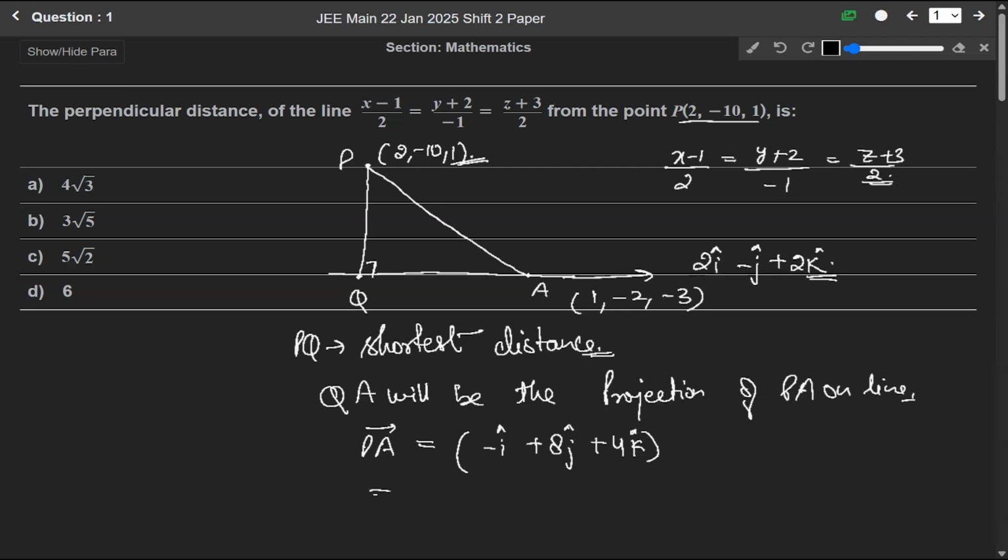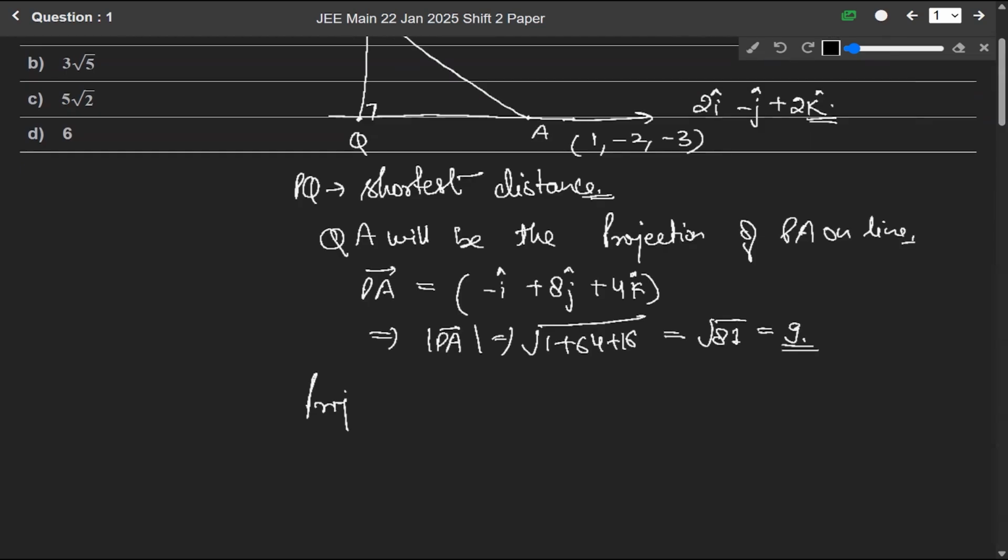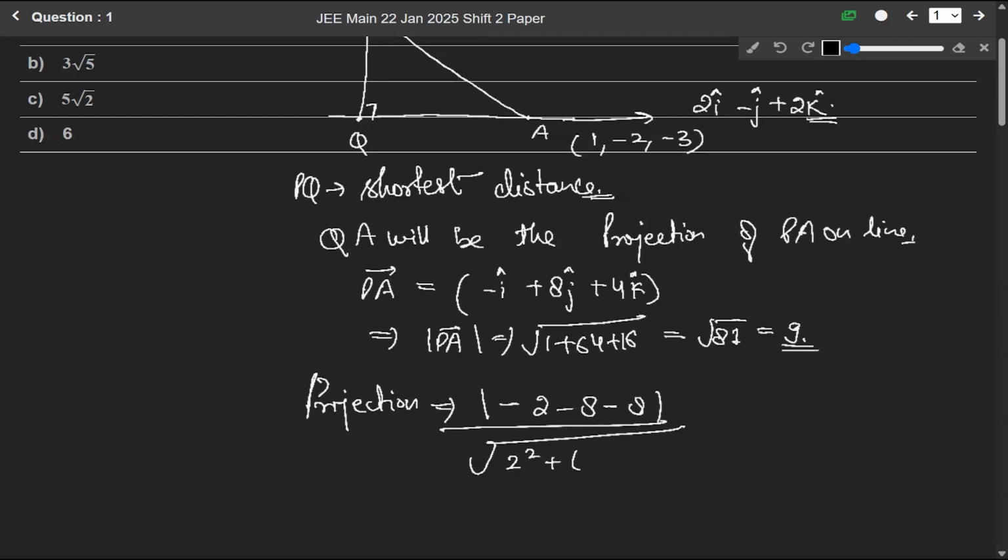Okay. So from this we can write modulus of PA will be under root of 1 plus 64 plus 16. So it will be under root of 81, which means it is equal to 9. Okay. So the projection will be modulus of (minus 2 minus 8 minus 8) over under root of 2 square plus (minus 1) square plus 2 square.